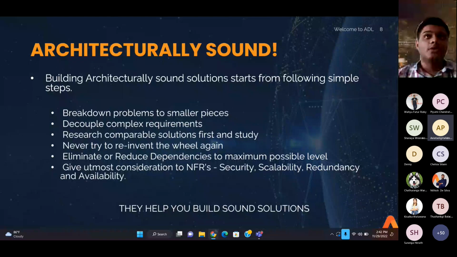Every engineer, development person, lead, or business analyst should think in an architect's way. They should think in a way of understanding the abstract cases down to the concrete level. Just as the first point mentions, break down problems into smaller pieces, from the abstract case to the concrete case.